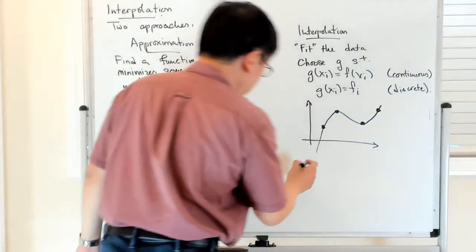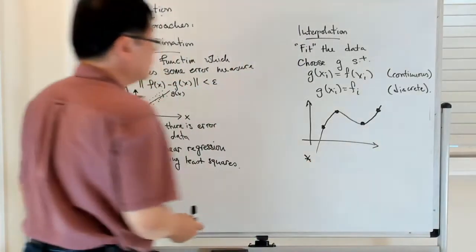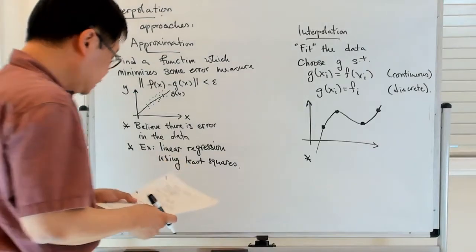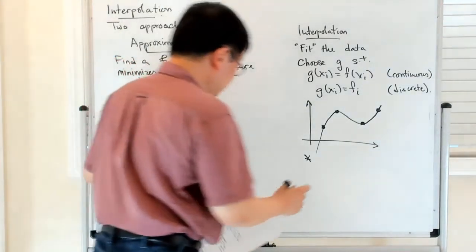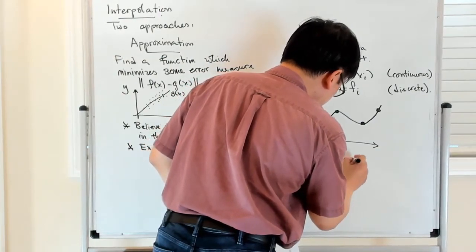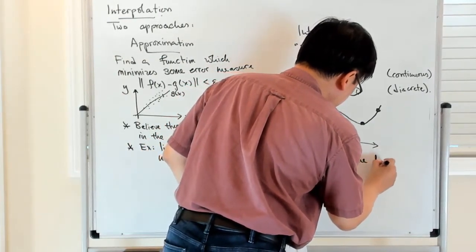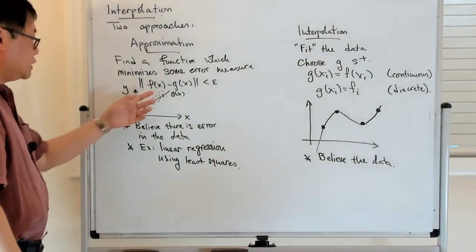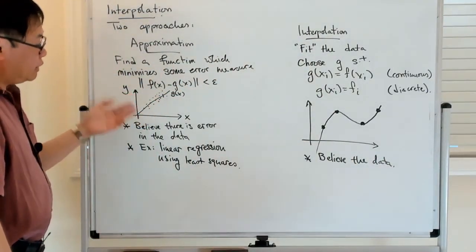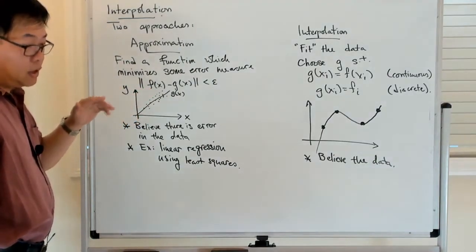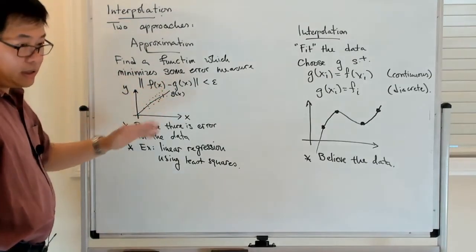As you might expect, since you're choosing a function which actually goes through all the data points, that only really makes sense if you actually believe the data to be true. Approximation makes a little bit more sense if you expect that there's some error in the data, so you don't necessarily want to prioritize going through every single data point.